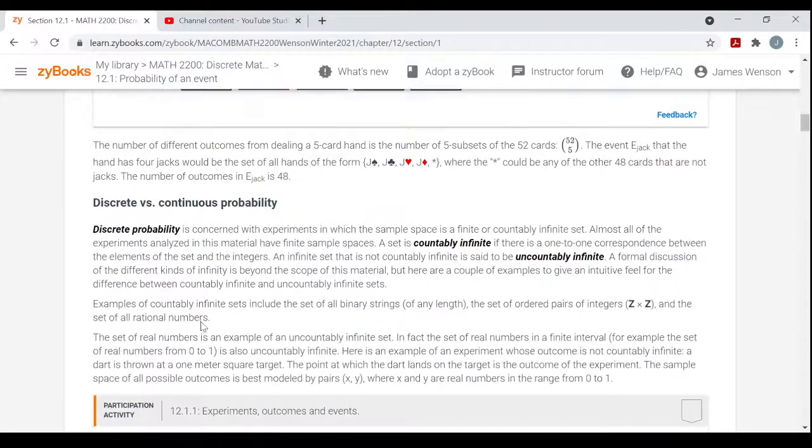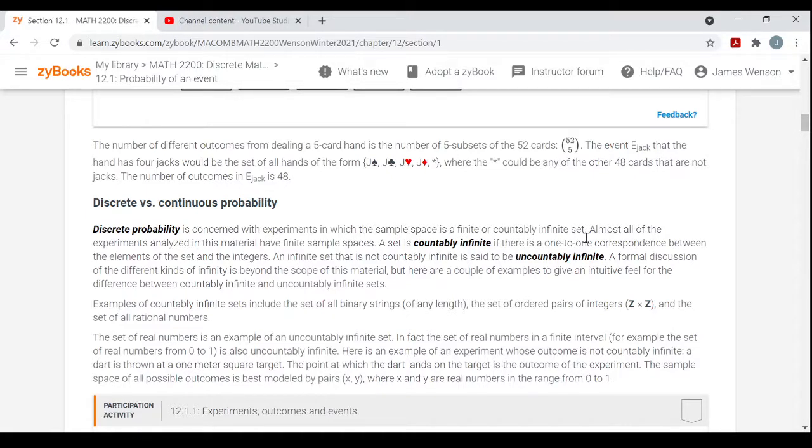So they talk about probability here. Now they talk about the difference between discrete and continuous probability. Discrete probability is concerned with experiments in which the sample space is a finite or countably infinite set.